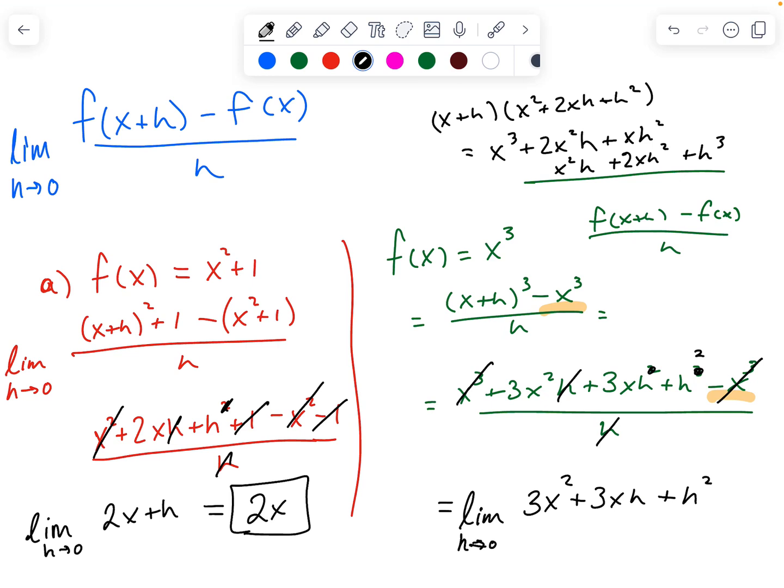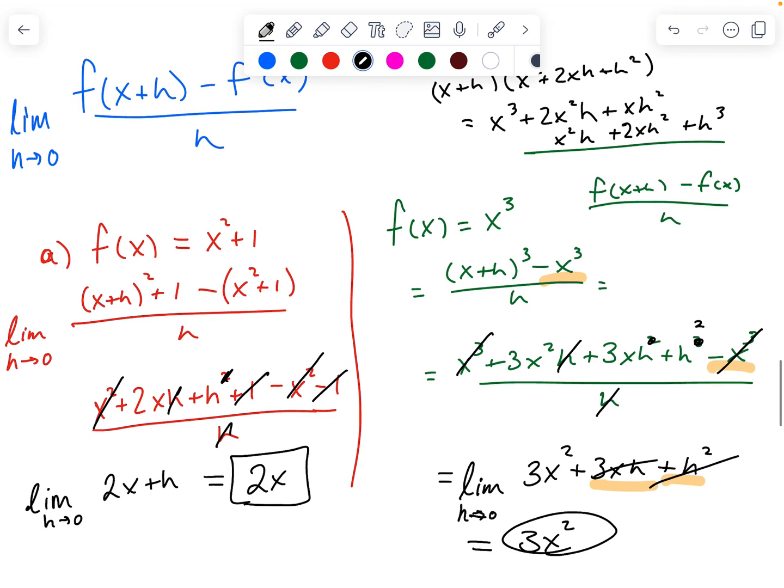And if I plug in a 0 for h, this is gone, and I end up with just my 3x squared, because these two terms, 0 times anything is 0, so it ends up being plus 0 plus 0. My final answer would be 3x squared.